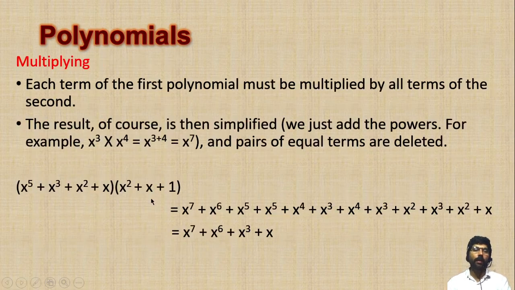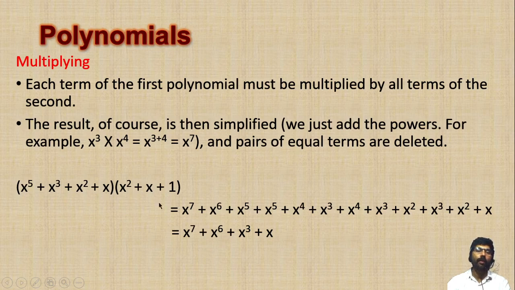Next one is called multiplying. In multiplying two polynomials, we have to multiply each term in both polynomials.